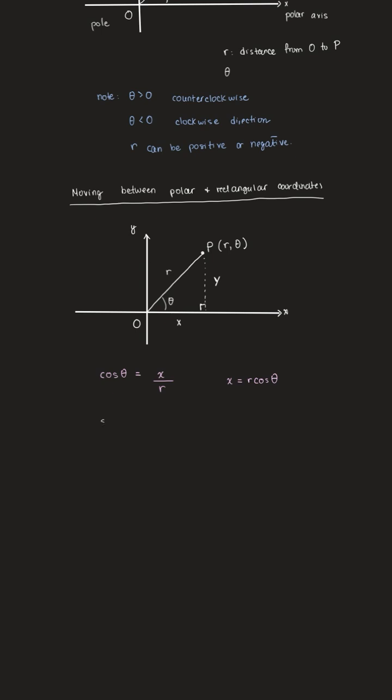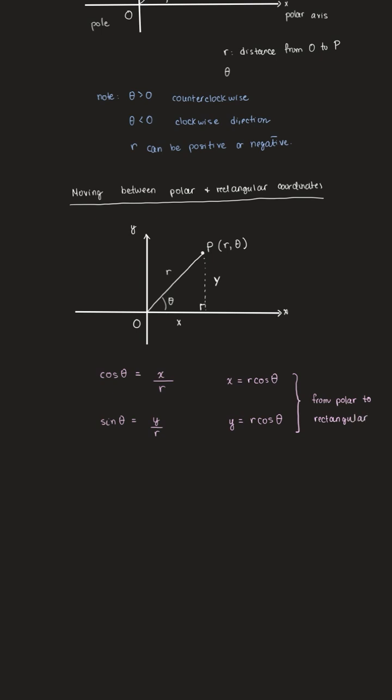We can do the same and find sine of theta to be y over r from our diagram, which tells us that y is r sine theta. These two are going to be ways in which we convert from polar coordinates, if we have, for example, r and theta, to rectangular coordinates, x and y.